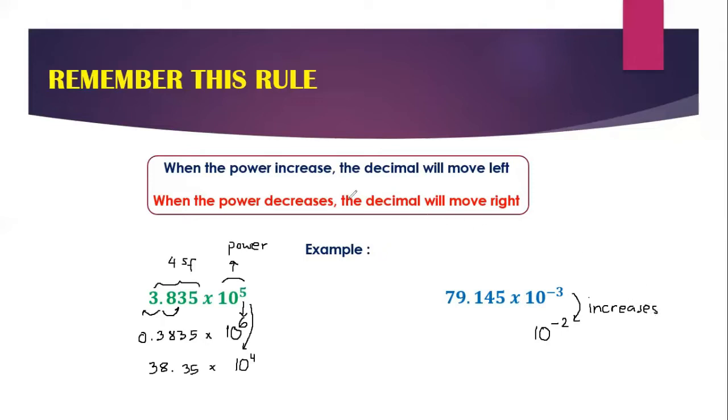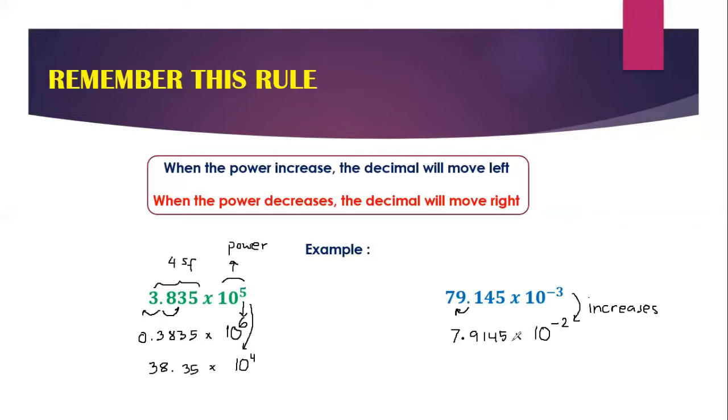Remember, when the power increases, the decimal will move left. So this decimal moves left, and it will be 7.9145. Clear, everyone?